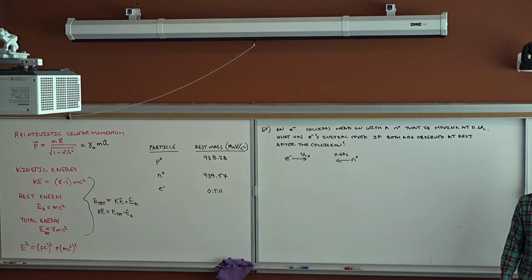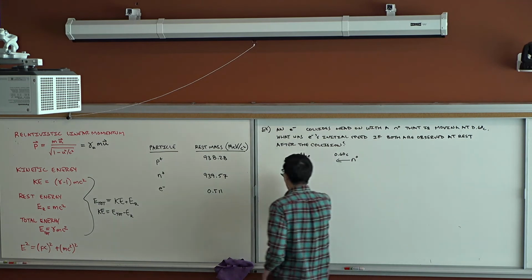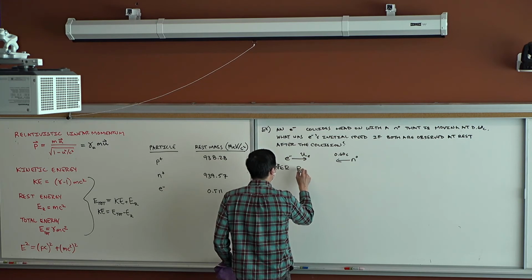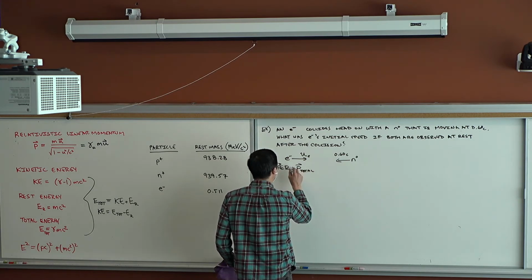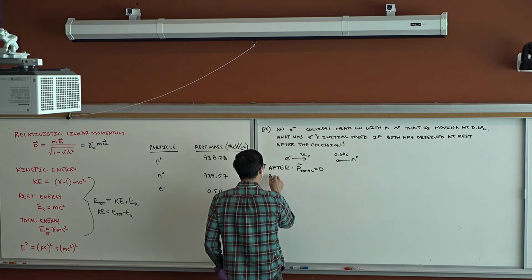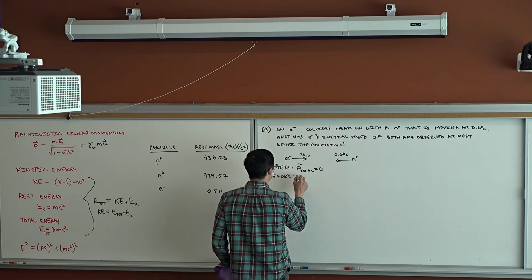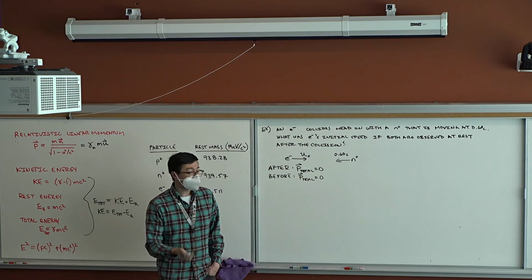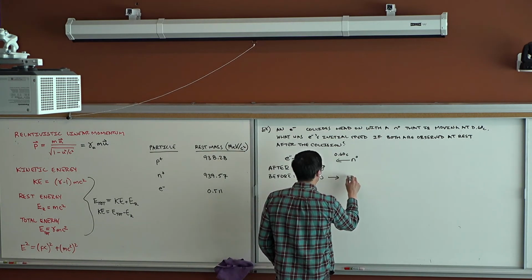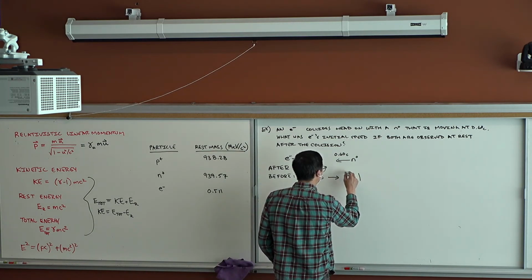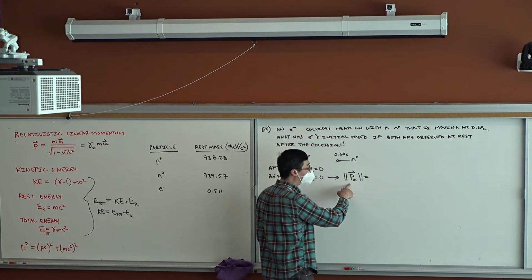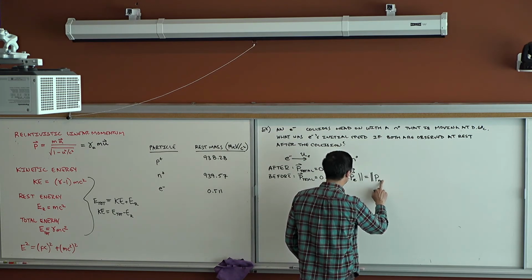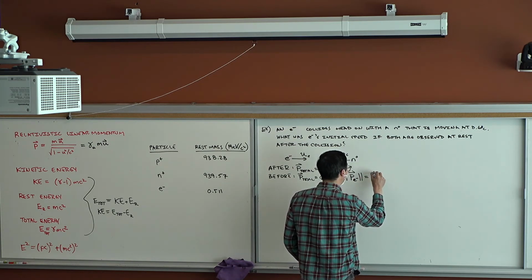So if P total equals 0 after, then before they collide, P total had to be 0. The only way that can be true is if the magnitude of the momentum of the electron is equivalent to the magnitude of the momentum of the neutron.